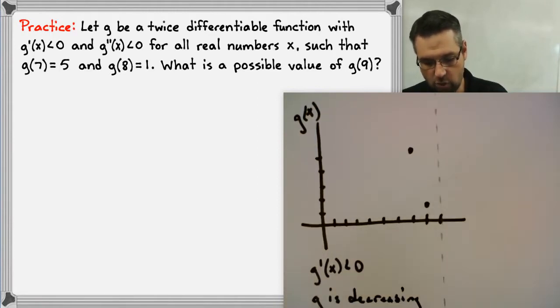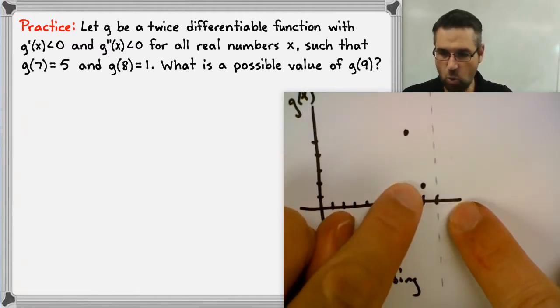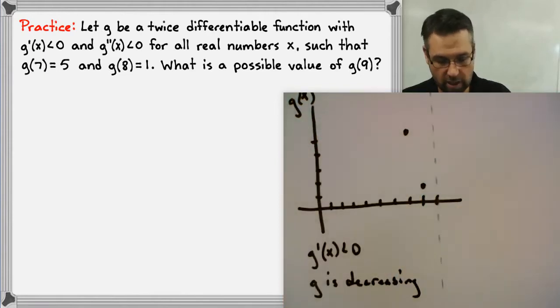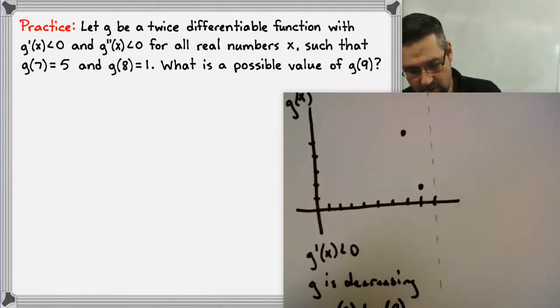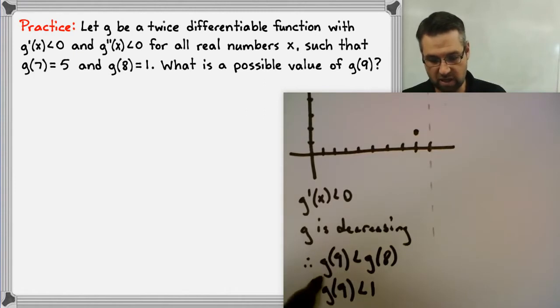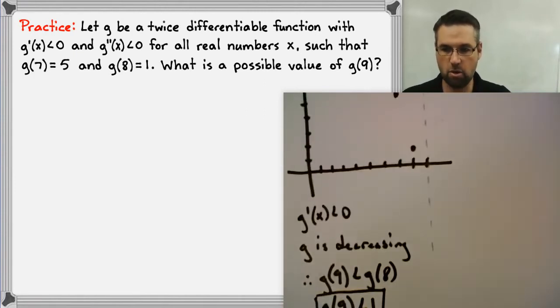Well, if G is decreasing and G of 8 is 1, that would imply that G of 9 must be below 1. So I can conclude that, therefore, G of 9 must be less than G of 8. And so G of 9 must be less than 1. That's one thing I can say. G of 9 is going to be less than 1. Okay, this is a graphical approach now.